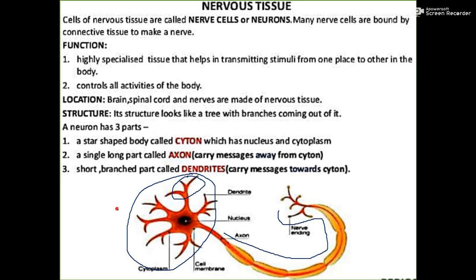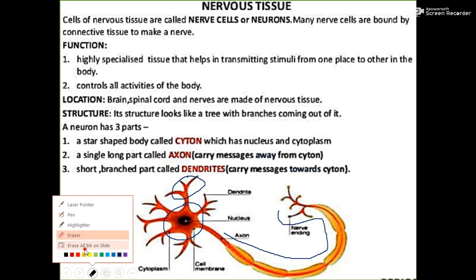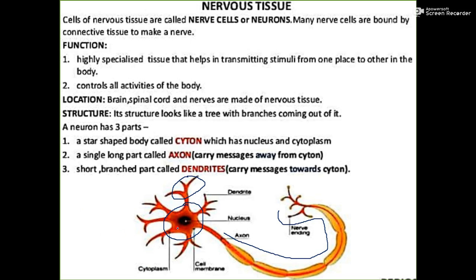So the whole area is not known as cytone. Basically this one area is known as cytone. So back to that, cytone, dendrite, and this one is axon.